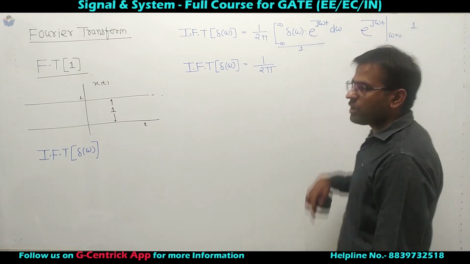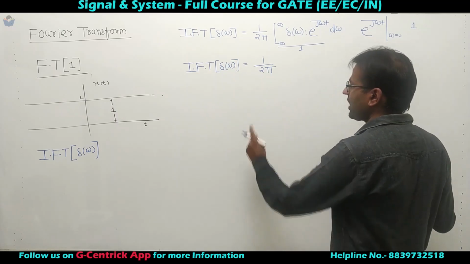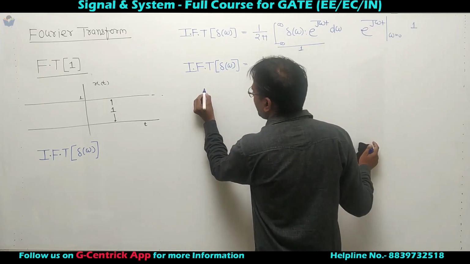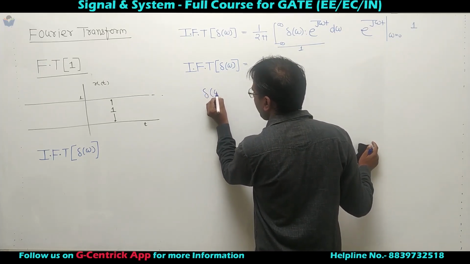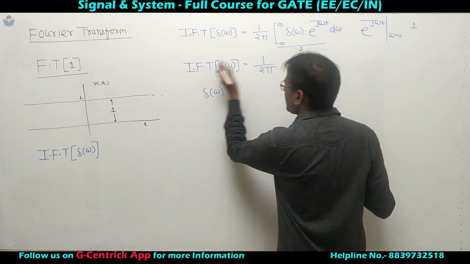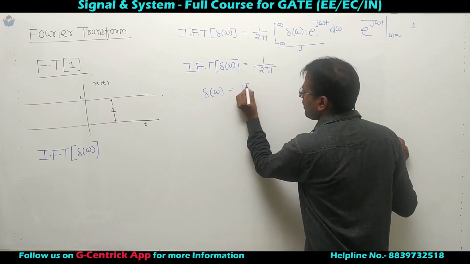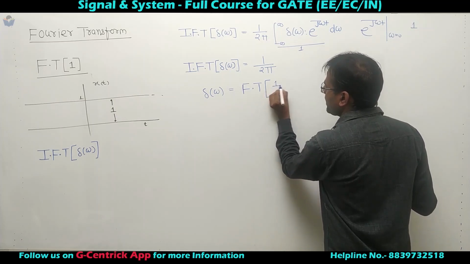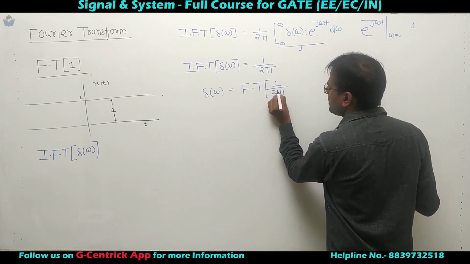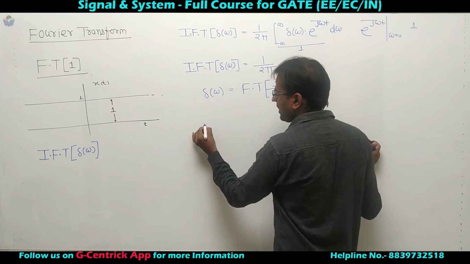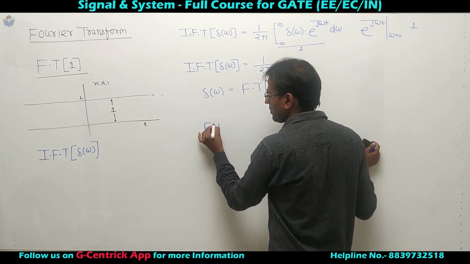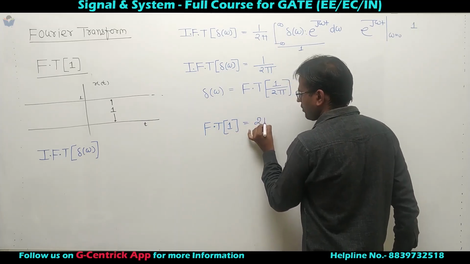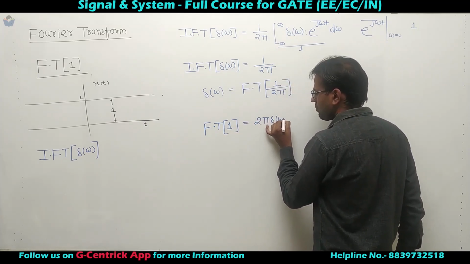So δ(ω)dω integrates to 1. So the inverse Fourier transform of δ(ω) is 1 by 2π, or the Fourier transform of 1 by 2π is δ(ω), or I should say the Fourier transform of 1 is 2πδ(ω).